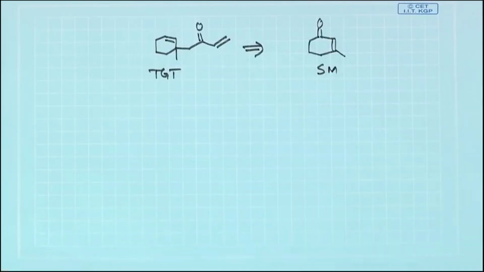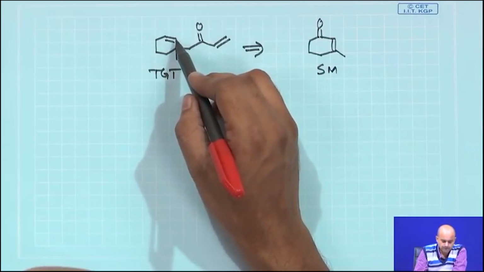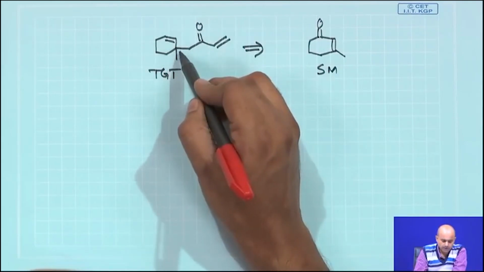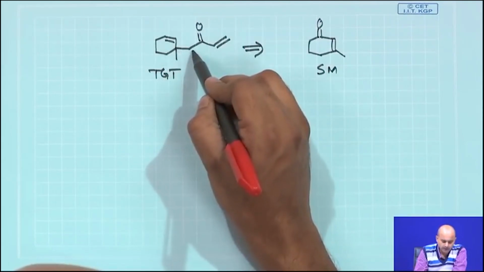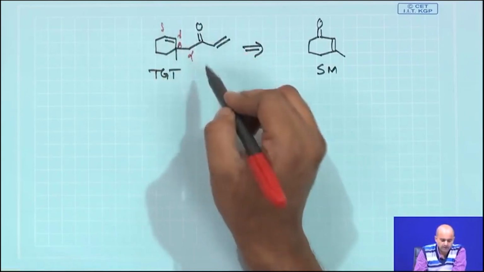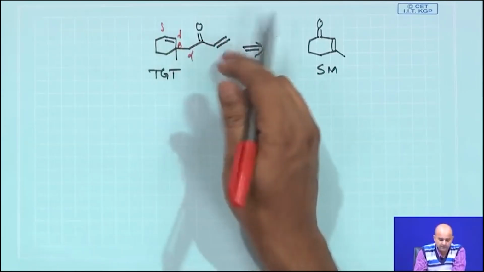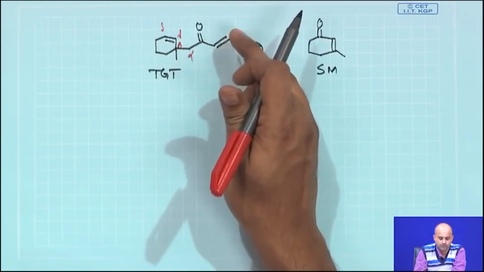Now, the target was given to you, and if you try to correlate the target, it seems to have an alpha, beta, gamma, delta unsaturated carbonyl compound on the left hand side. And the right hand side has an alpha, beta unsaturated carbonyl compound.